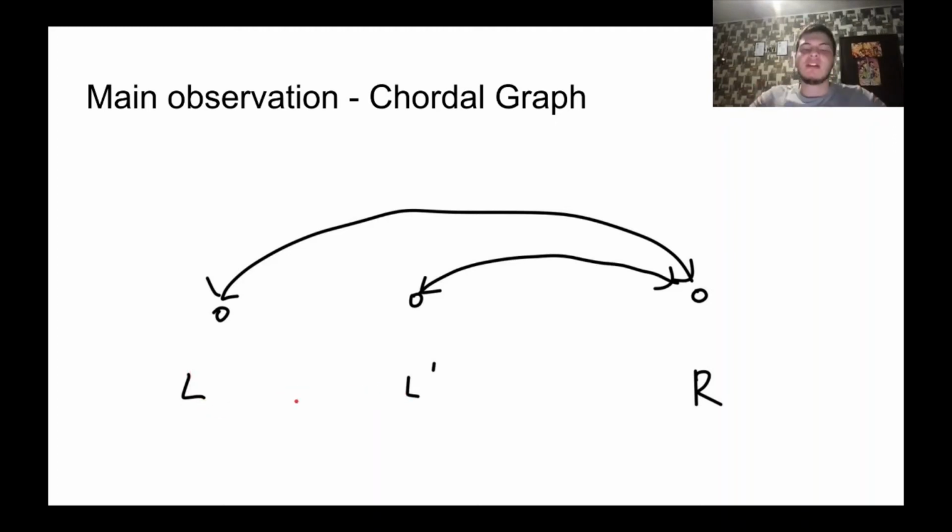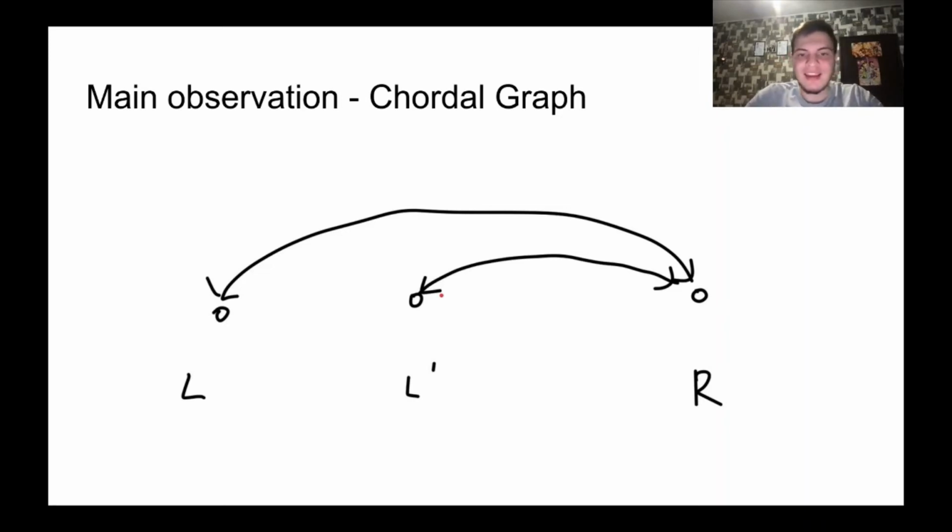To prove that our graph is chordal, we want to show that we'll always have an edge between L and L prime too. So let's show this.